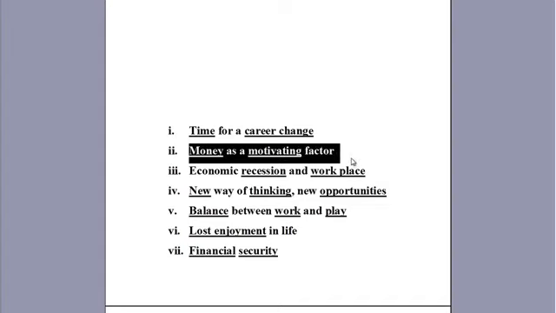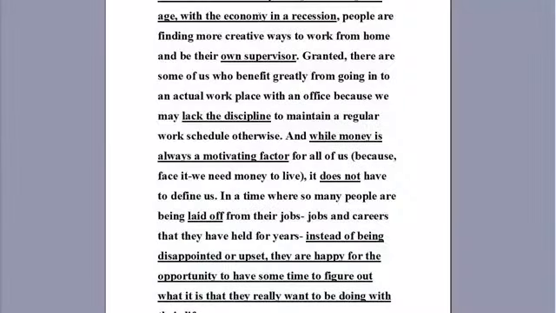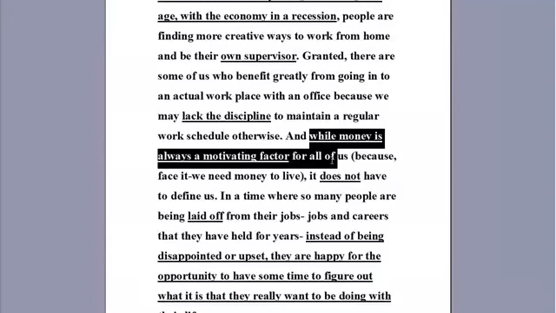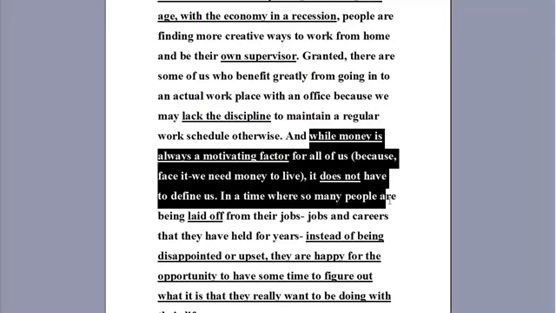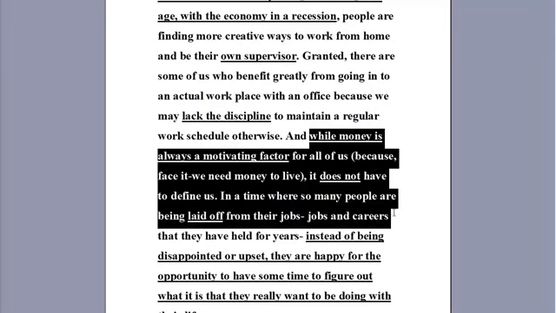Let's go back to the paragraph to check it out more carefully. Okay, while money is always a motivating factor for all of us, because face it, we need money to live, obviously, it does not have to define us. In a time where so many... Okay, we have skimmed through this part, but now we can go, if we remember something, and read it a little bit more carefully.